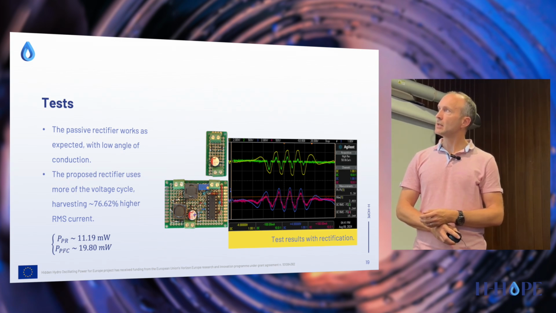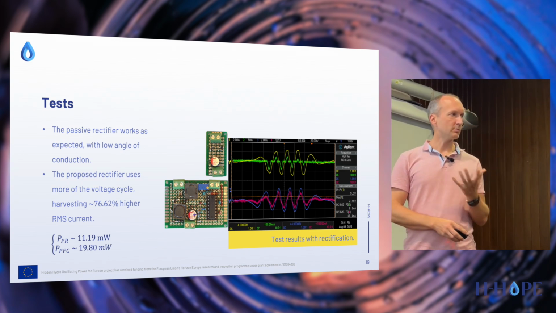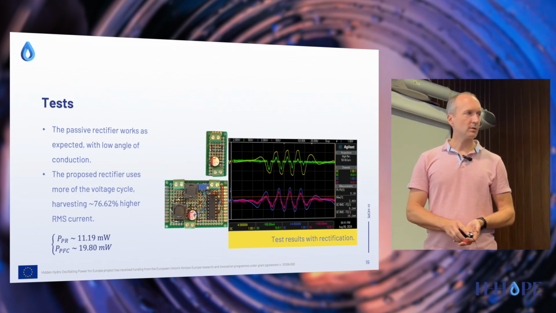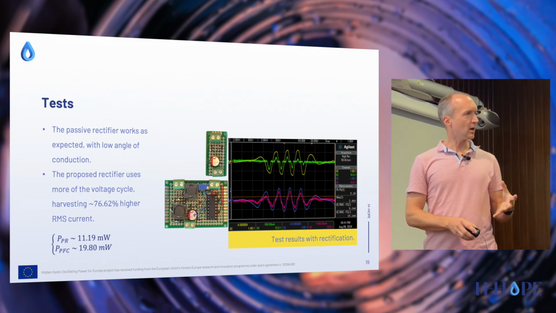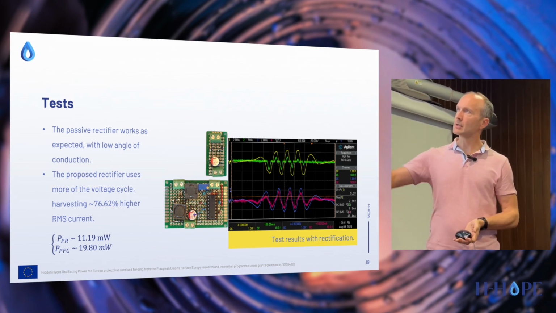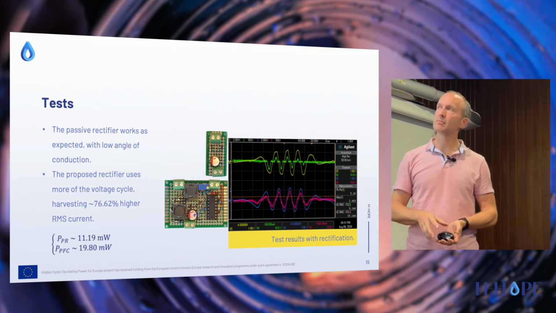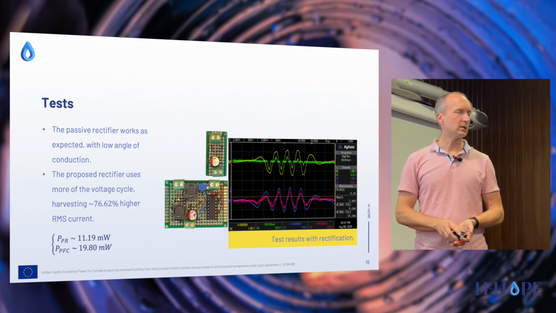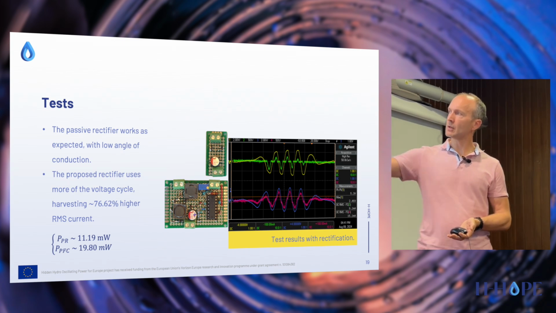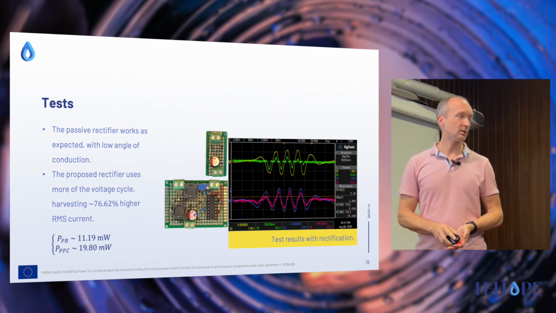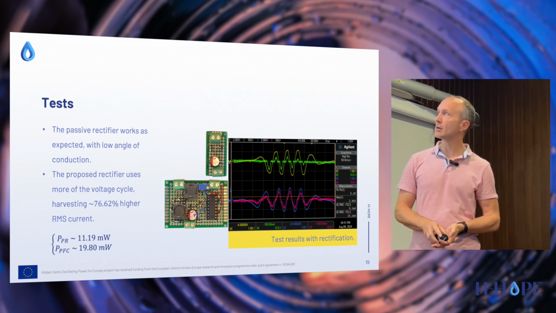The tests we've made: this generator was tested just mechanically. There are a lot of issues with it, but then it comes to how we should choose to draw the current from this. So we tested a passive rectifier. The drawback of a passive rectifier is the current it draws, but then we have another proposed rectifier with about 76% higher current.